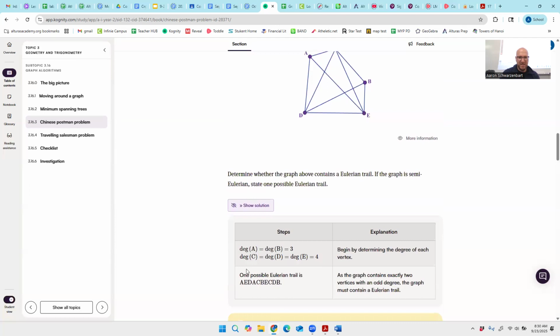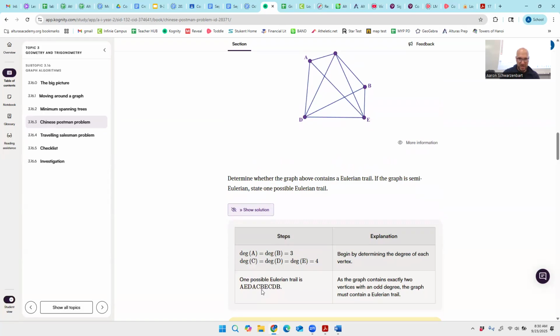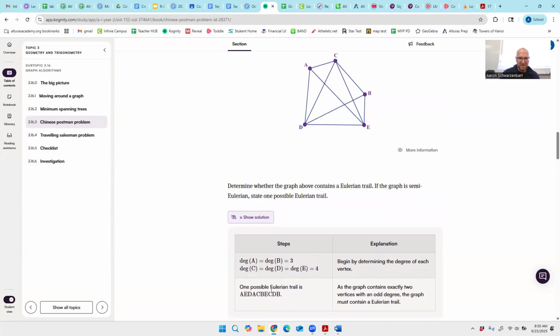They went A to E to D to A to C to B to E to C to D to B. So theirs goes like this, not the same one I used. They did this to D to A to C to B to E to C to D to B.